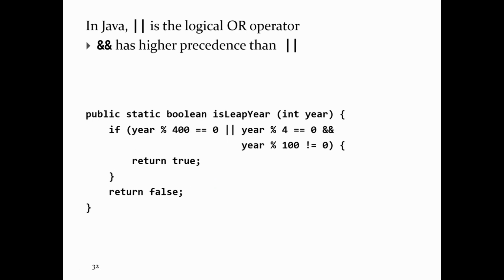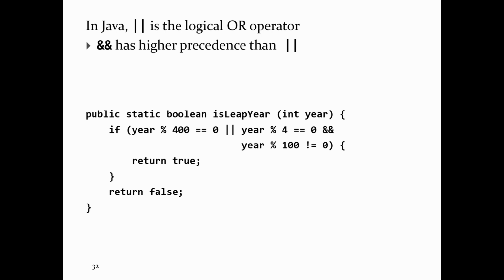If you want or, Java's operator is the double vertical bar. And just like in Python, and has higher precedence than or. So here's a little example of a method that computes whether or not the variable year is a leap year. A year is a leap year if the year is divisible by 400.